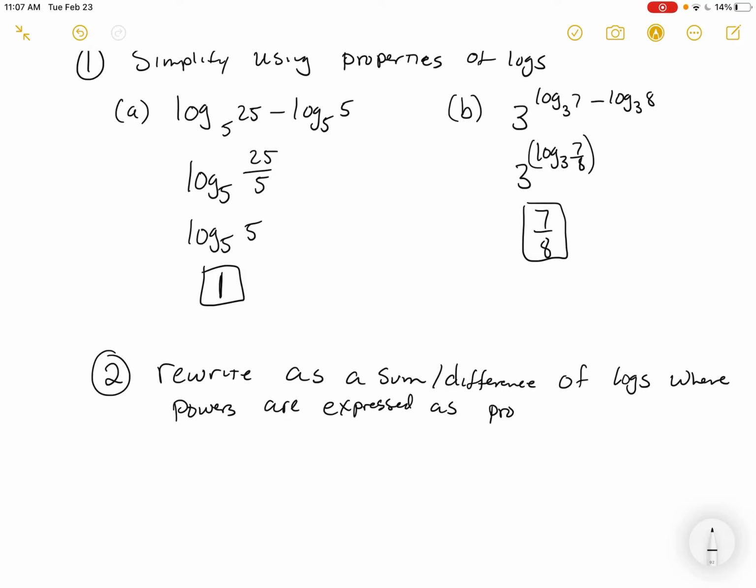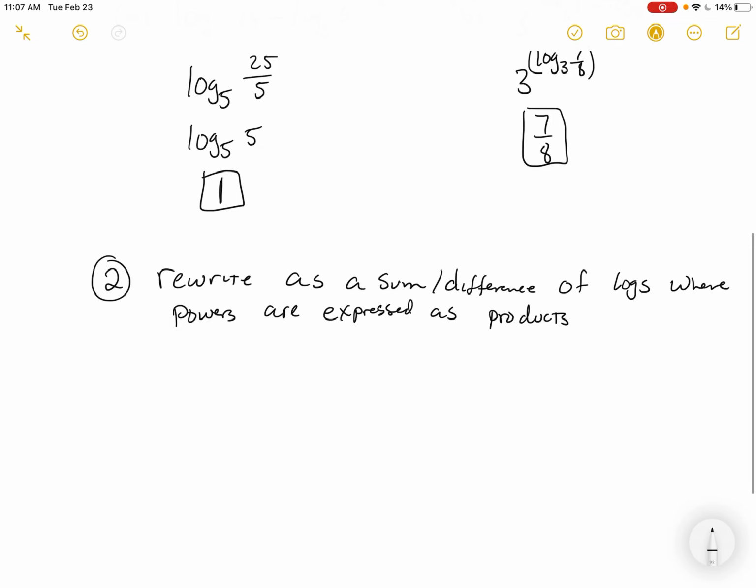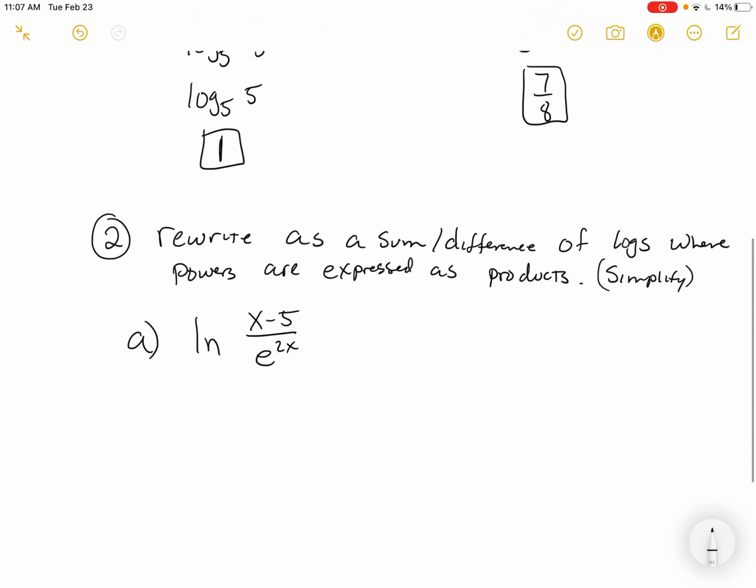And this is probably the majority of the homework right here, this splitting up stuff, because there's a reason for that. It's what we do most in calculus. So ln of x minus 5 all over e to the 2x. And then I'm going to put simplify as much as possible, because we need to simplify this.